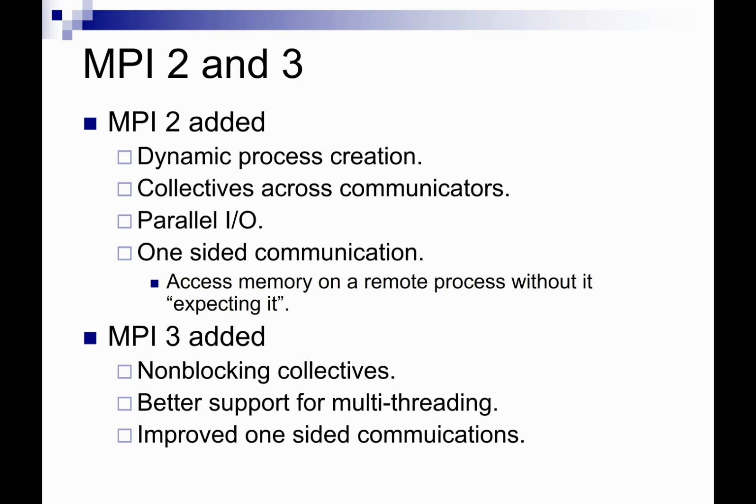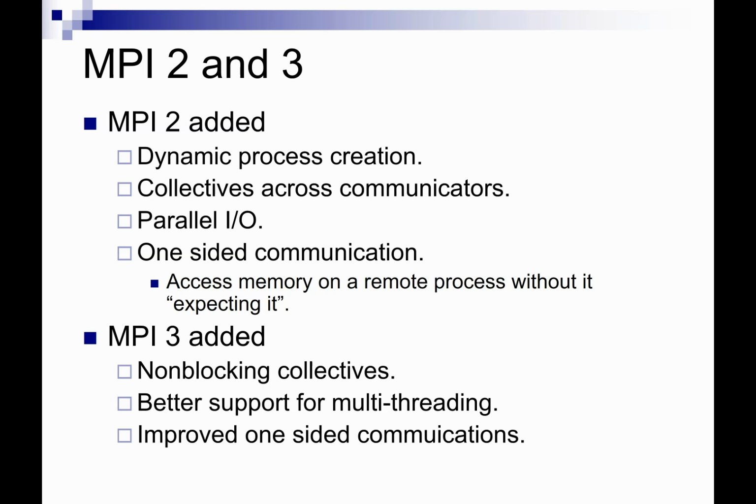And MPI 2 added this thing called one-sided communication. MPI 1 is basically two-sided communication, because if I want to send a value to somebody, then I'm going to do a send, and the other process needs to do a receive. So we need to coordinate with each other. It's a two-sided process. But for MPI 2, you can actually do one-sided communication, meaning that I could just try to send you a value, and you don't need to be expecting that value.